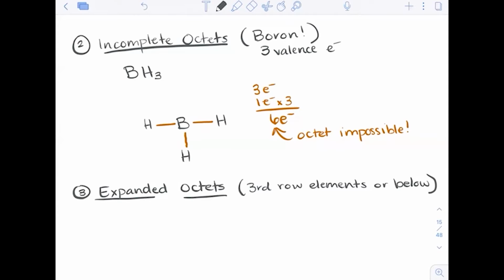Third row, fourth row, fifth row on the periodic table, all of those can do this expansion of their octet simply because when we are looking at their bonding, they have something special. And that, what we're going to see at the end of this discussion, are those d orbitals. So I'll have a little bit of a spoiler for you right now, just so that we can explain why the third row and below can do this.